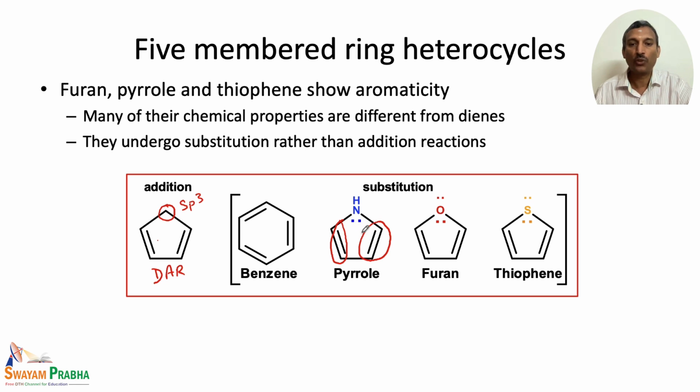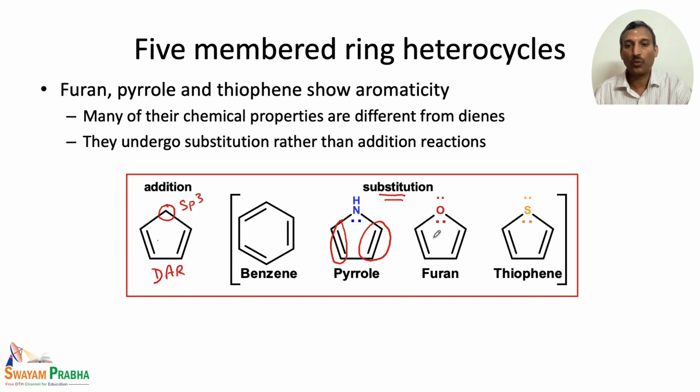That is the reason, similar to benzene, these compounds undergo substitution reactions very readily compared to addition reactions. So, this is a major difference, and we can say that these 5-membered heterocycles have aromatic nature. That is why they undergo substitution reactions rather than addition reactions.